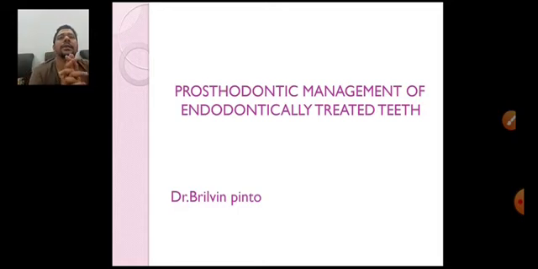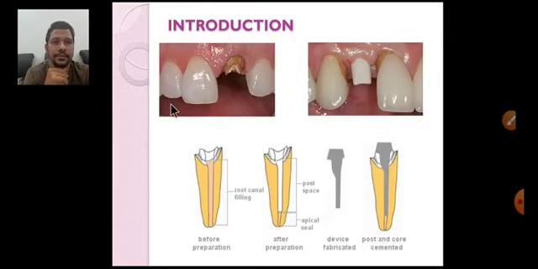So I'll start with a clinical scenario. Imagine this is your patient who had undergone root canal treatment on this particular tooth, and you have given a crown.